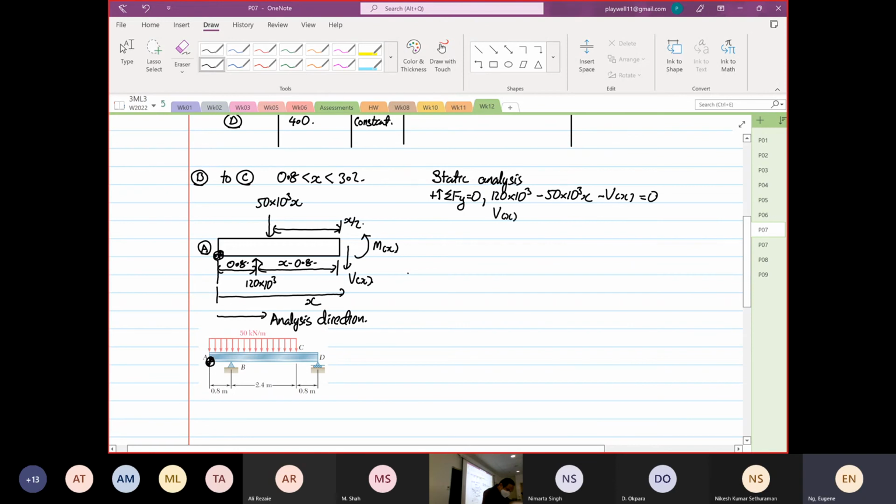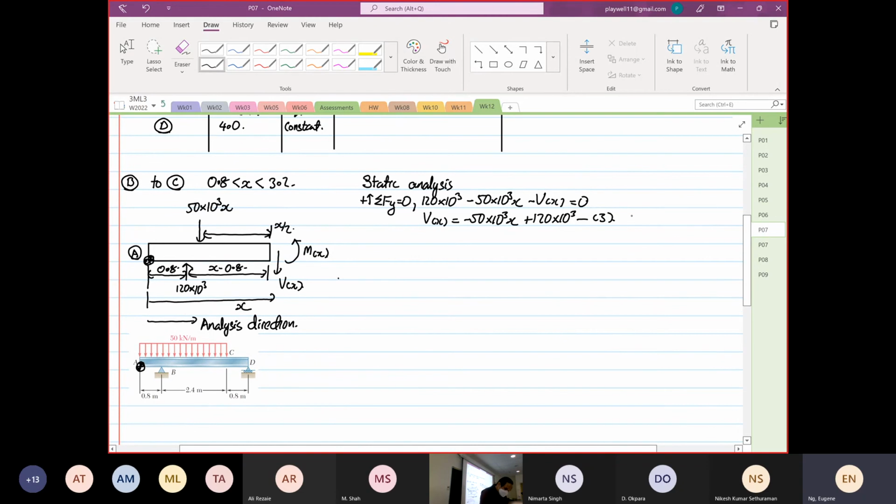So V as a function of x is equal to minus 50 times 10 to the power 3 x plus 120 times 10 to the power 3. Equation number 3. That is our equation. So our equation number 3 is still a linear equation. Yeah, straightforward.